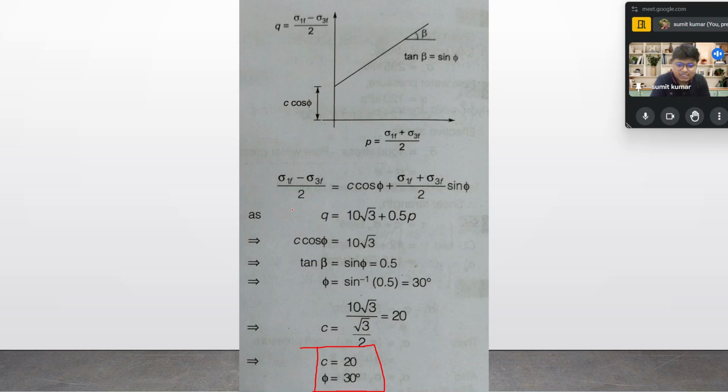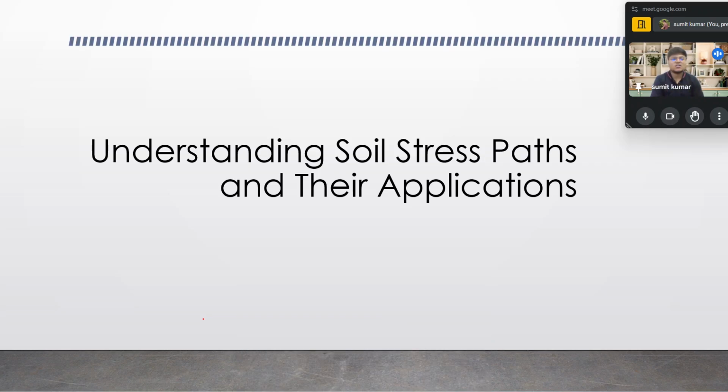So over here c cos phi is 10 root 3 and tan beta equal to sin phi equal to 0.5. From here the value of phi is found and c is also mentioned. But I will try to solve it manually at the end of this class if the time permits. Otherwise, I will try to solve it in the subsequent class as well.